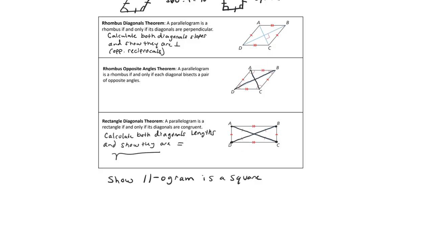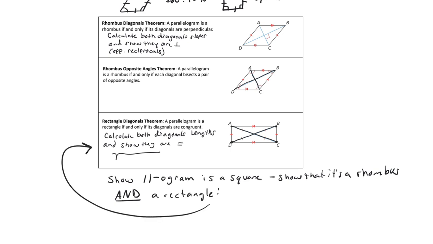The quickest way to do that would be to show that it's a rhombus and a rectangle. So that would be to show both that their diagonals have the same length and that their diagonals are perpendicular. If you can show that, then you automatically know that that parallelogram is a square.